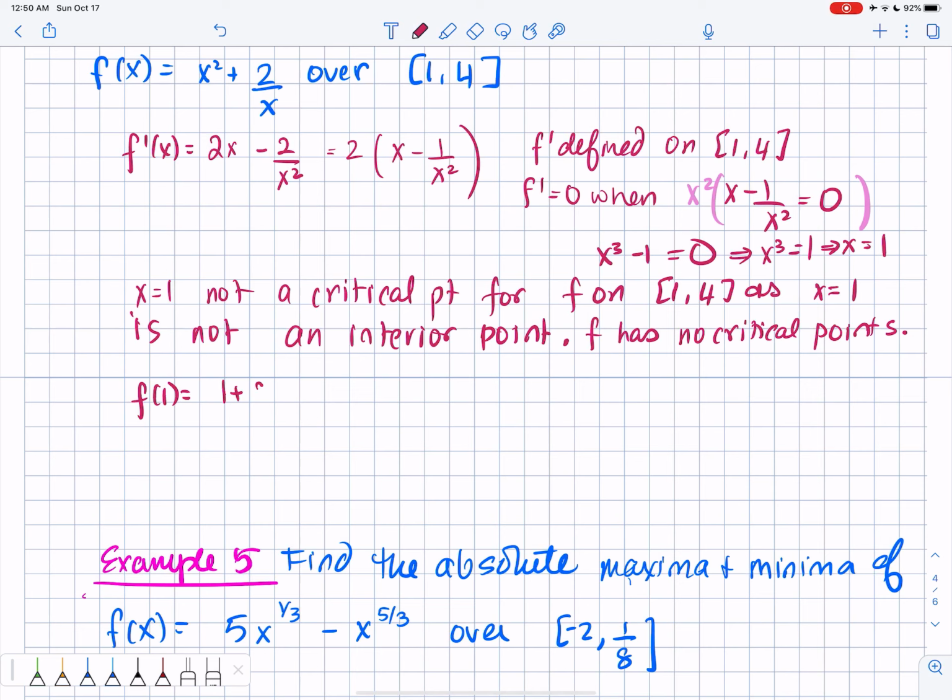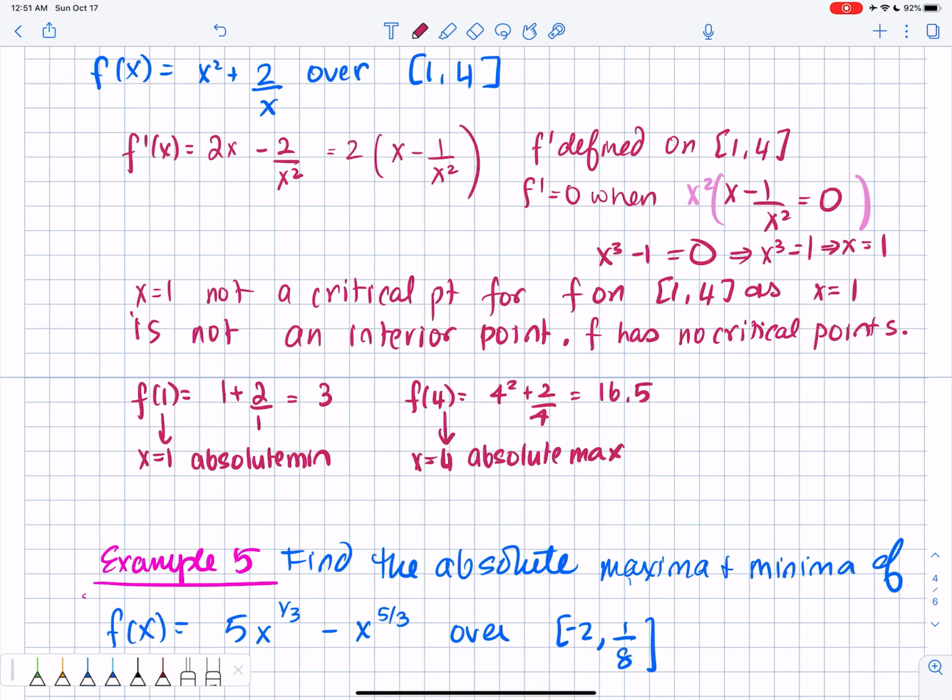It is 1 plus 2 over 1, which is 3. And we have to find what is f of 4. It is 4 squared plus 2 over 4, and that is 16.5. Then at x equals 1, there's an absolute min, and at x equals 4, there's an absolute max.